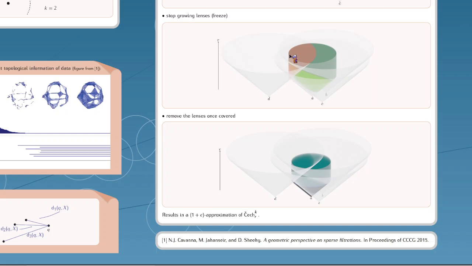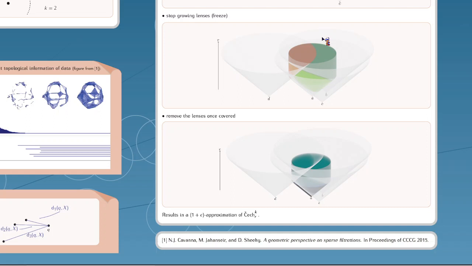That's why we now have this cylinder form. And we keep it fixed until other lenses, which are not colored in this image, but we can see here, cover completely the lenses involving A. Then, once that has happened, we can safely remove all lenses that involve A without changing the covered space.